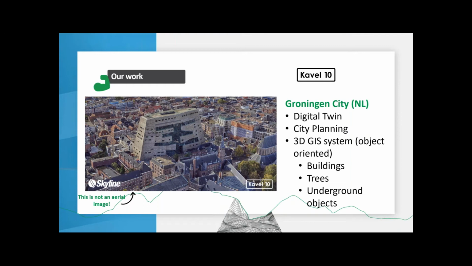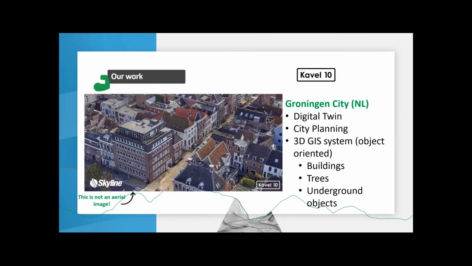But actually we will also classify objects in this 3D mesh, like the building you can see in the image, and in the middle it will be clickable, and we can add attributes to that one building. The same goes for trees, lamp poles, whatever you want.